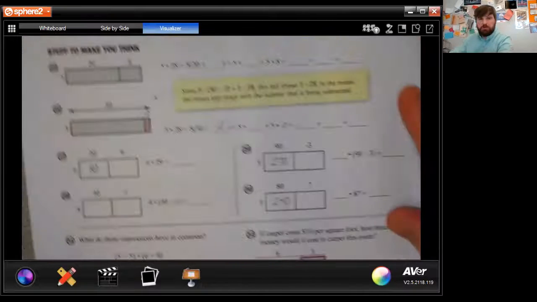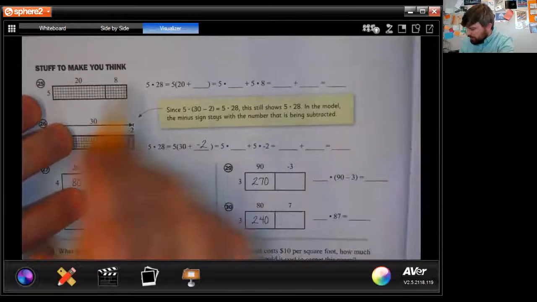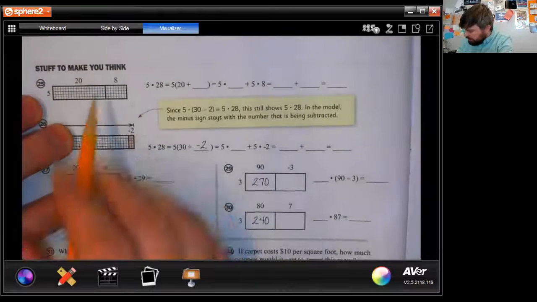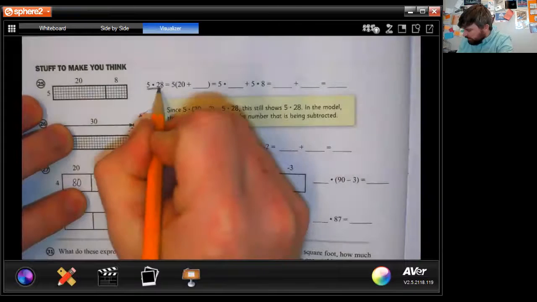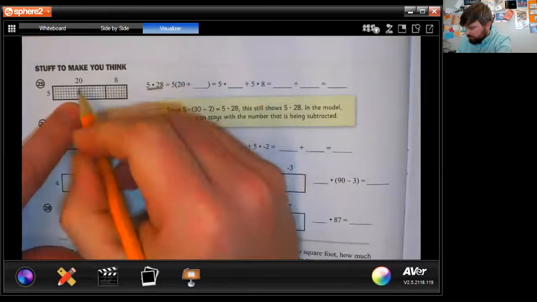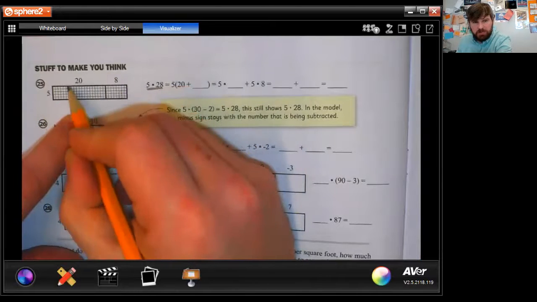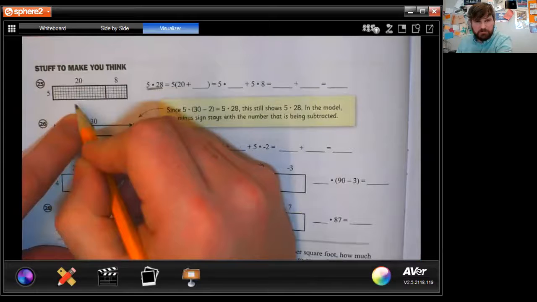So starting on number 25 here, we're going to start with 5 times 28. Now that can be hard, so what they did here is they broke it apart into 20 and 8. We should be able to do anything with 10s or 5s much easier.